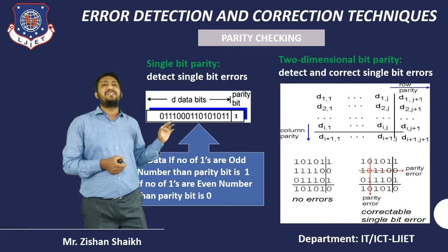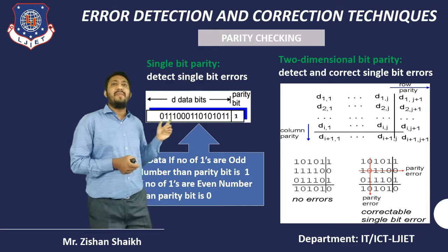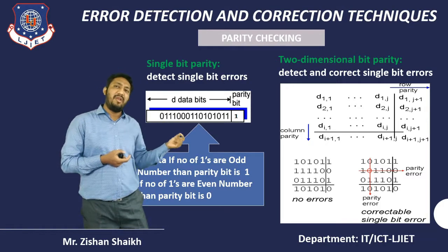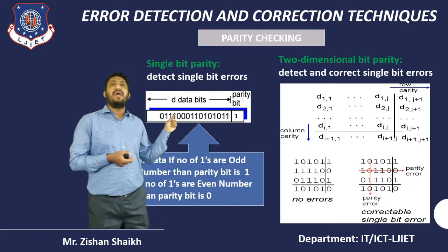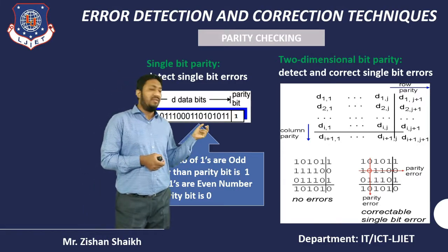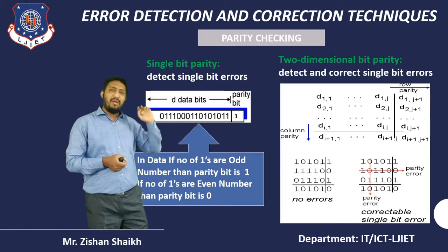So the receiver computing the parity for this altered data gets an even count, so the parity bit would be 0. That's why at the receiver side it is detected as an error in a single bit. But if more than one bit is changed, we cannot handle that with single bit parity.